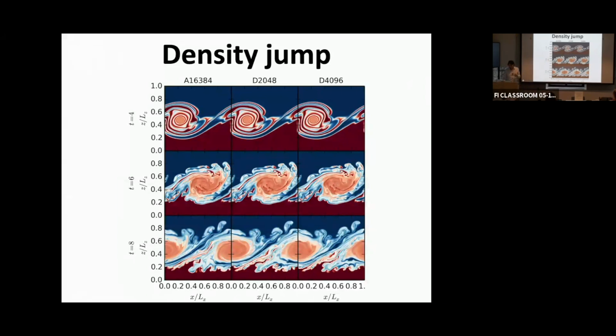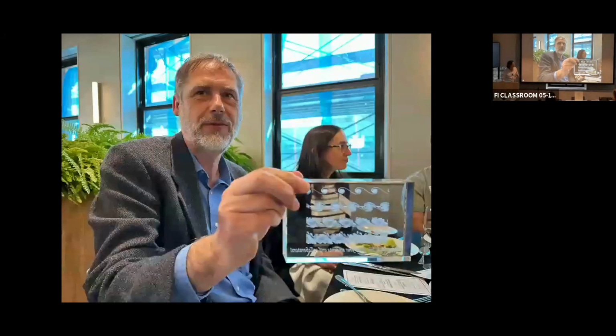Jim was really excited that this shows that Athena is doing the right thing. All these fine scale structures you might see in Gizmo are not supposed to be there. Those are numerical artifacts being seeded by grid noise.